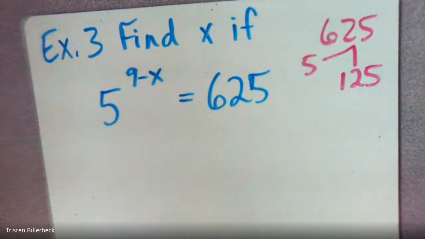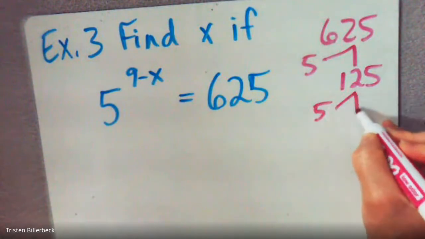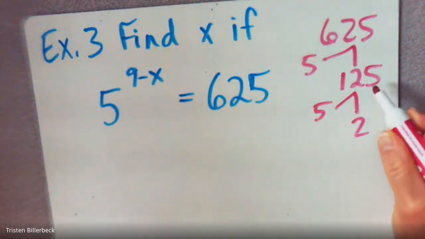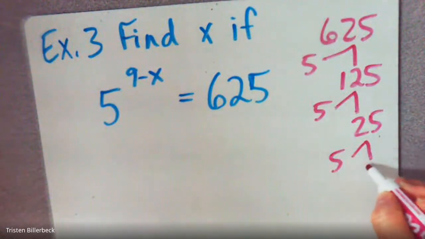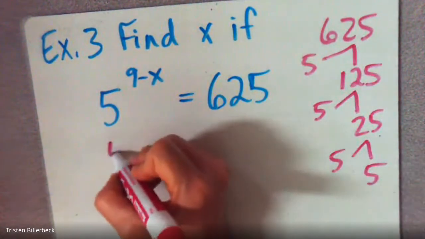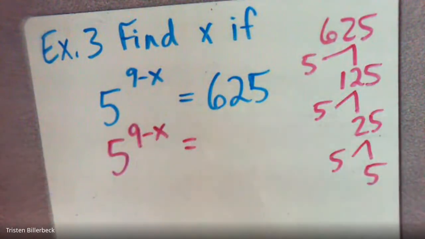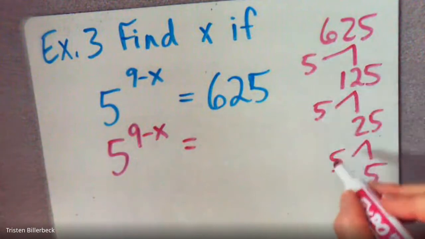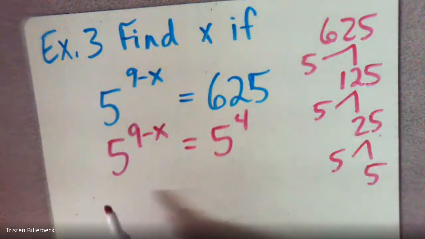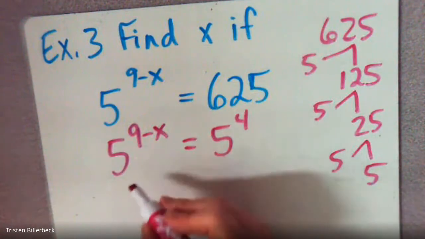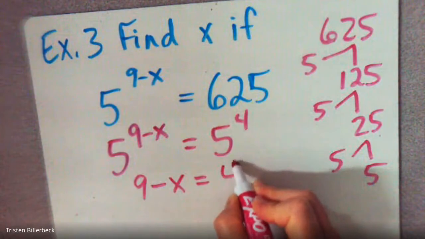Then we take a 5 out of here, we get 25. Then we take another 5 out, and we get 5. So we have 5 to the 9 minus x equals, and that's 1, 2, 3, 4, so 5 to the 4th. They have the same base now, so we write 9 minus x equals 4.